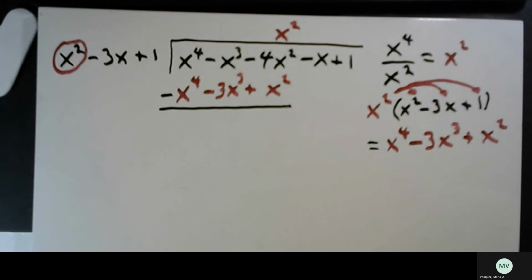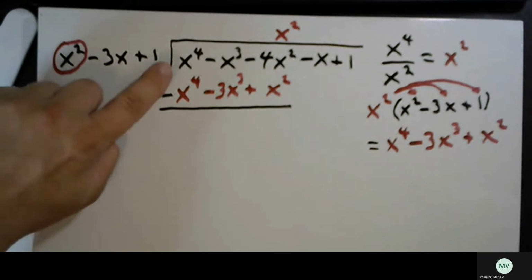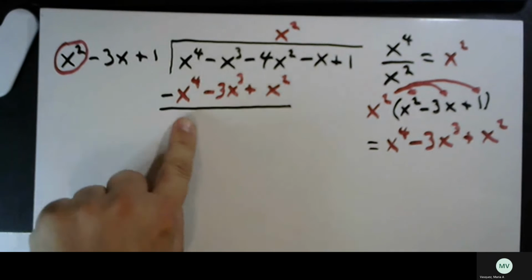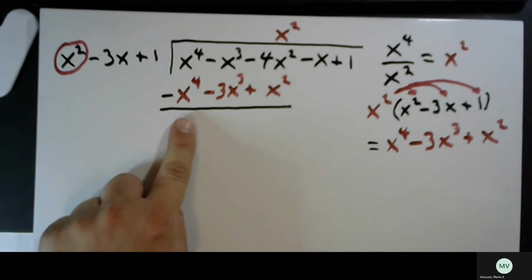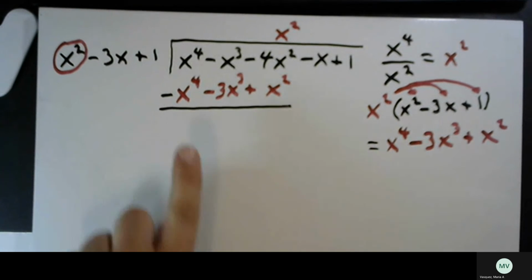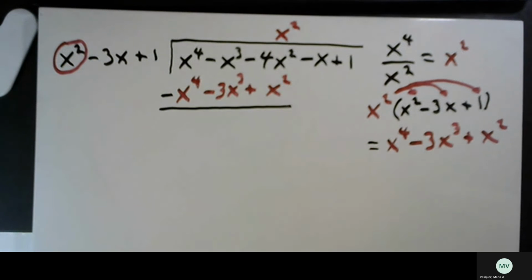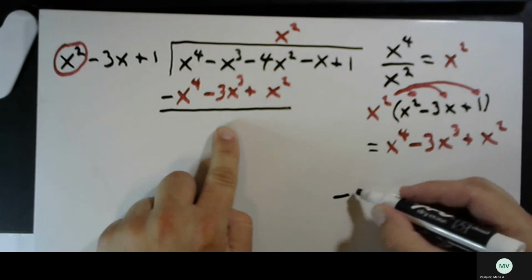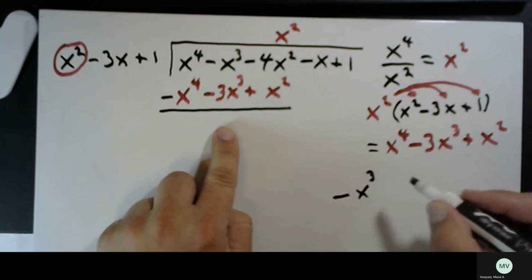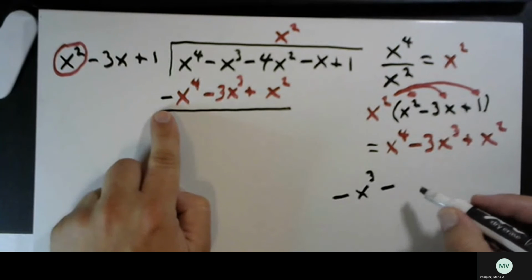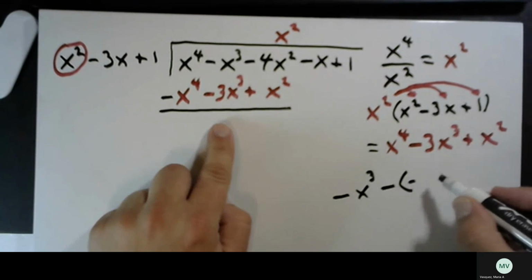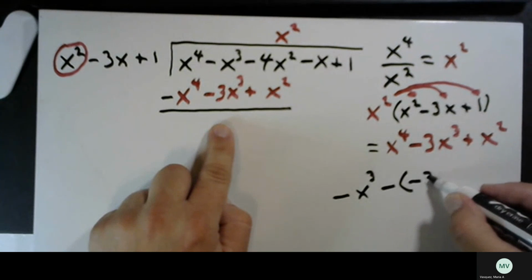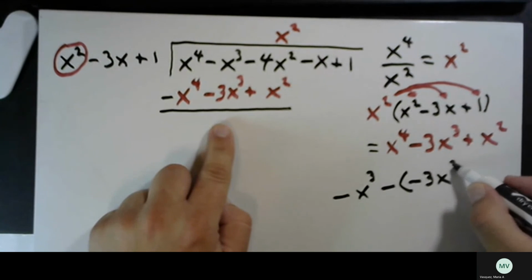So now we do our subtractions. So you have x to the 4th minus x to the 4th. Again, that's going to be 0. Now, this one, take a look at the x cubes. We're going to have minus x cubed minus negative 3x cubed. So you want to be careful with this one.